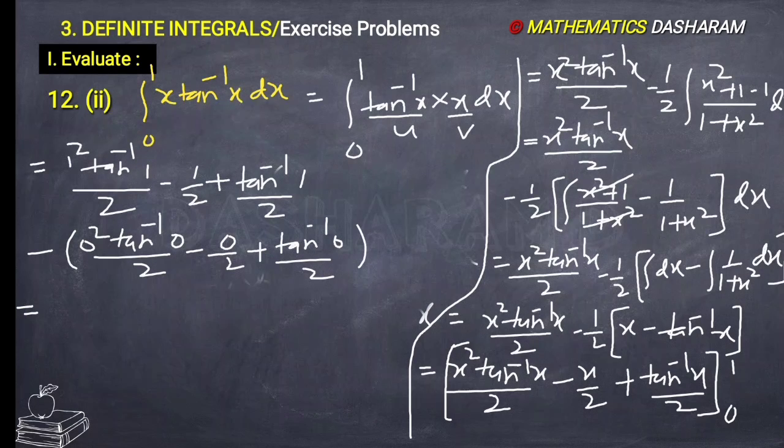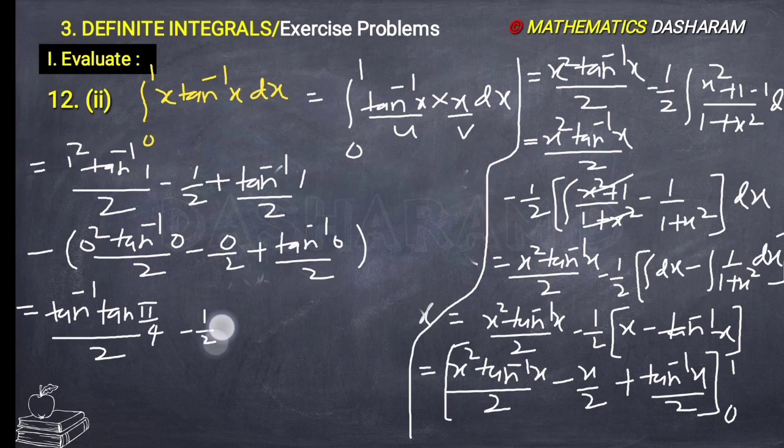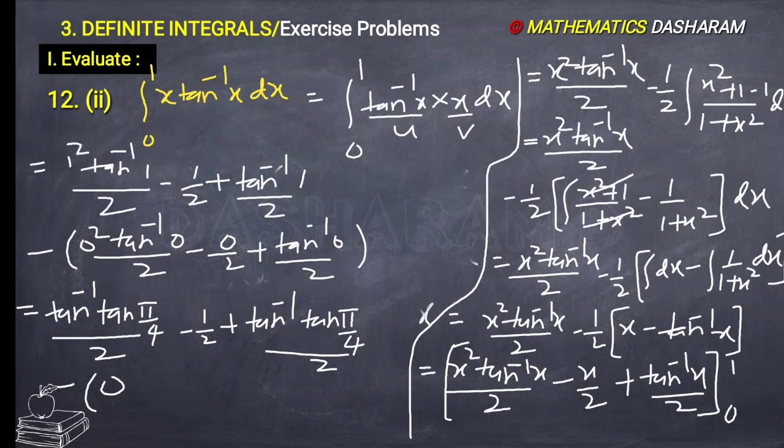It is equal to 1² is 1, tan⁻¹1 can be written as tan⁻¹(tan π/4) divided by 2 − 1/2 plus, here also the same, 1 can be written as tan π/4 divided by 2, minus, here 0² is 0, 0 into anything is 0, minus 0/2 is 0, tan⁻¹0 can be written as tan 0 by 2.